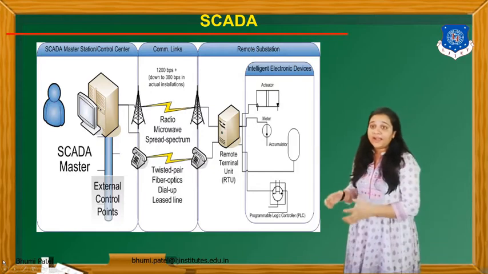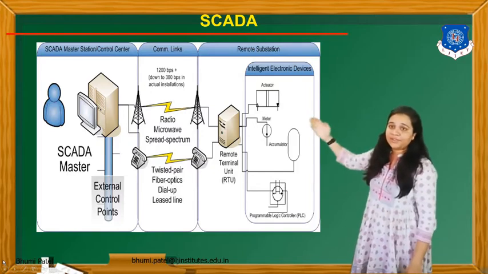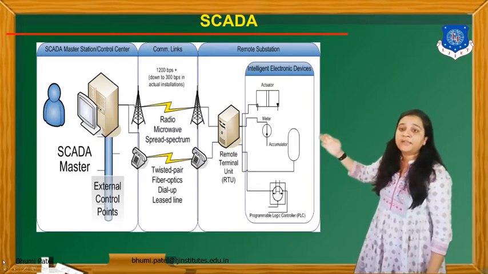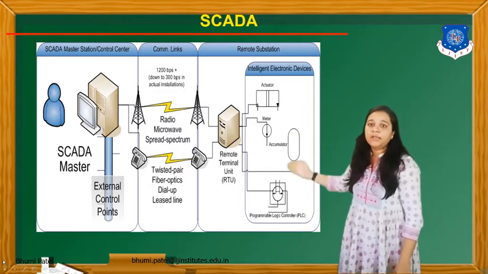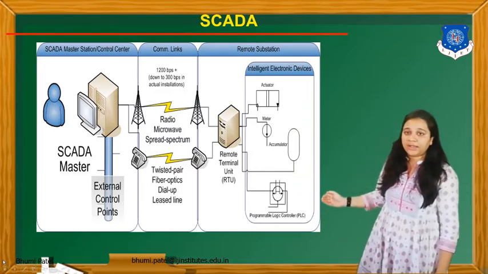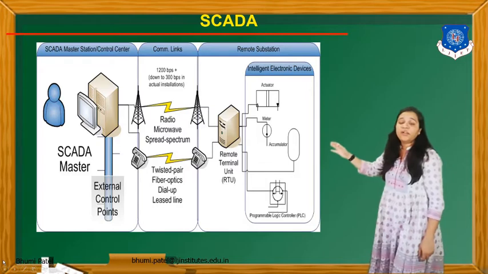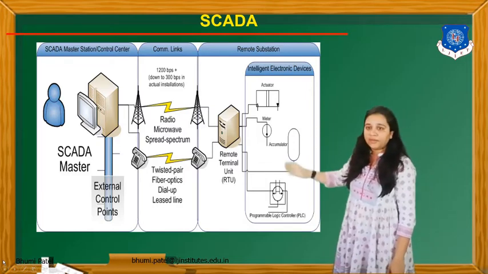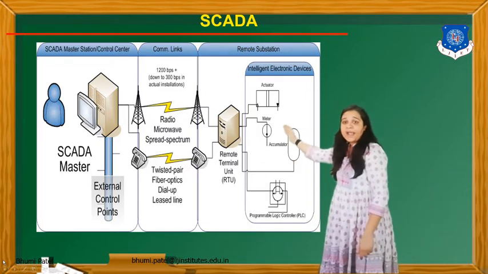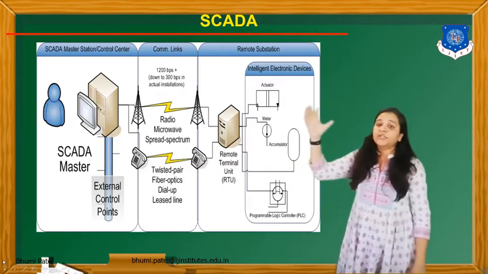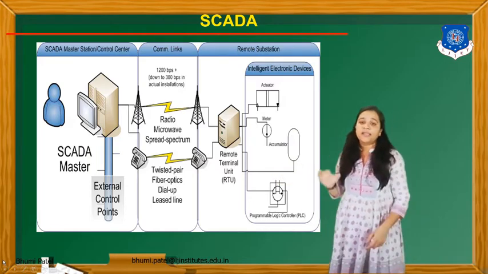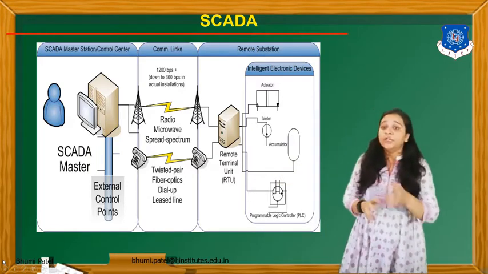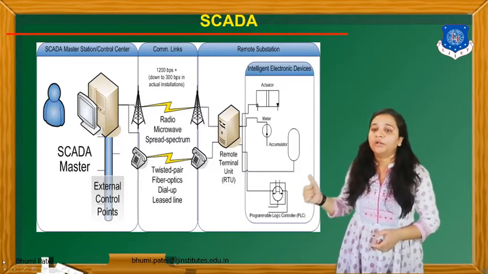SCADA will work as a master station. After that, it connects with the common link and the remote station is connected. In the remote station, they connect with some electrical devices. So SCADA will operate all these devices and control the process using the remote terminal units.